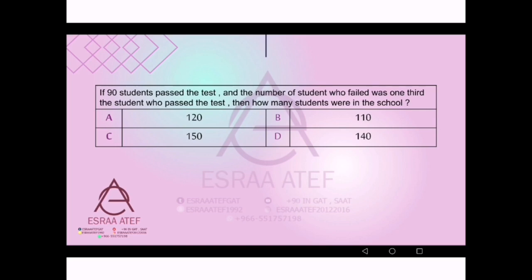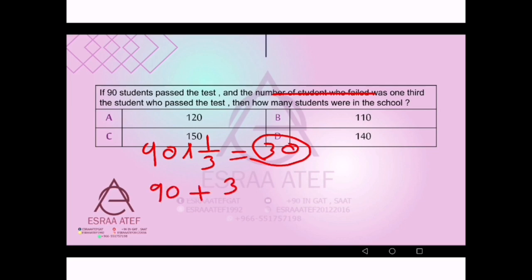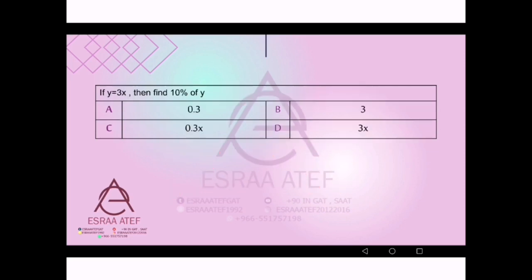The number of students who failed was one third of those who passed, so we times 90 by 1 over 3. 90 divided by 3 is 30. So we have 90 who passed the exam and 30 who failed, which makes 120.